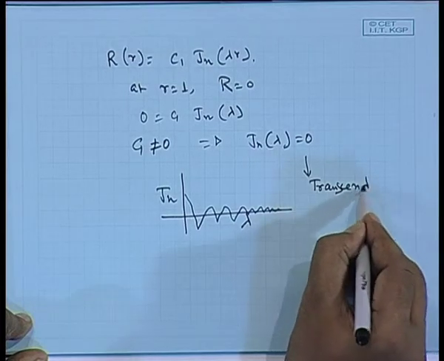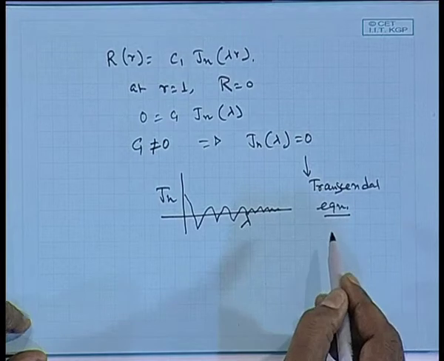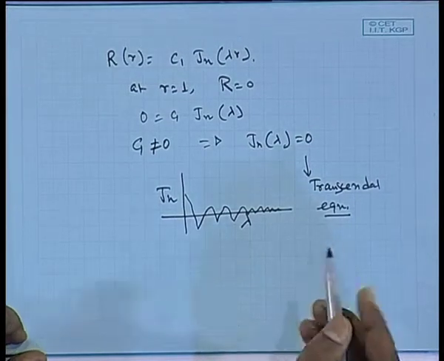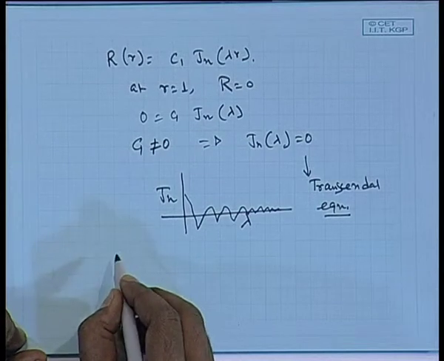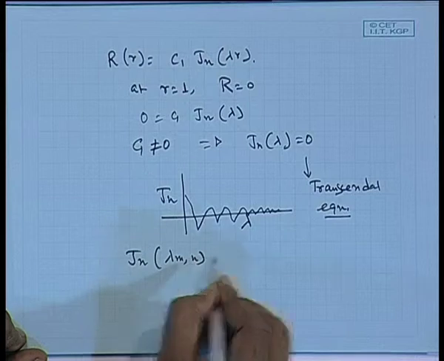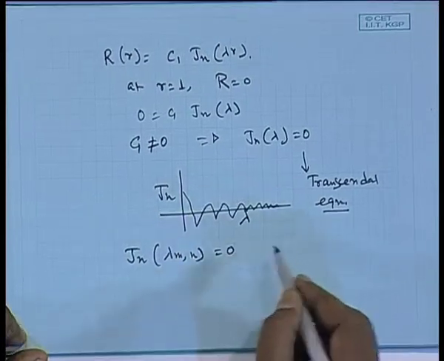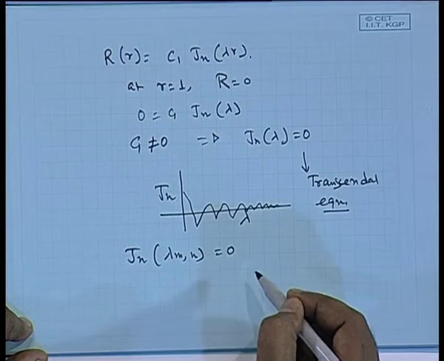It is a transcendental equation containing an infinite number of roots, and let us say J_n(lambda_mn) is equal to 0, where lambda_mn is the mth eigenvalue.